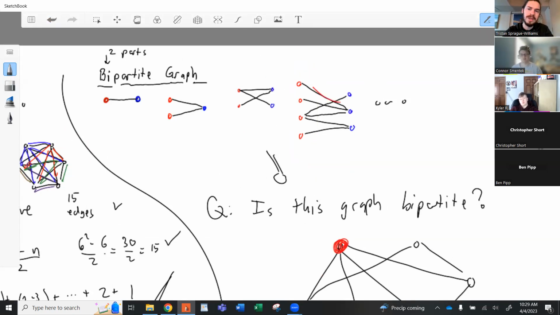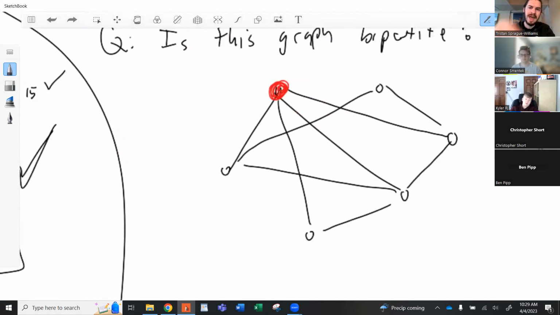They can only be adjacent to blue vertices. So anything adjacent to this vertex has to be blue. So this one's got to be blue, and this one, and this one, and this one. All right. Now, is this bipartite?